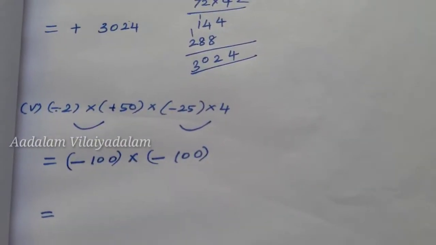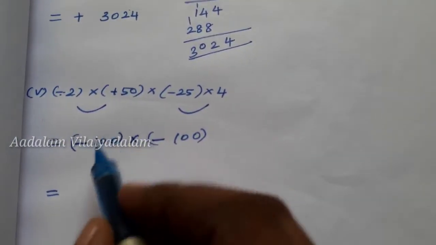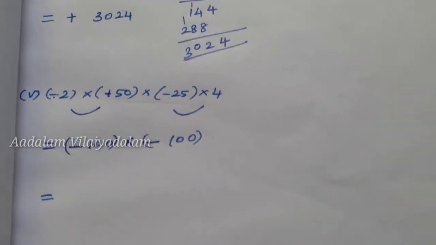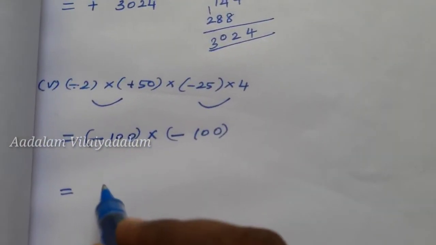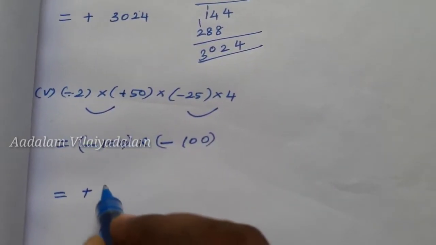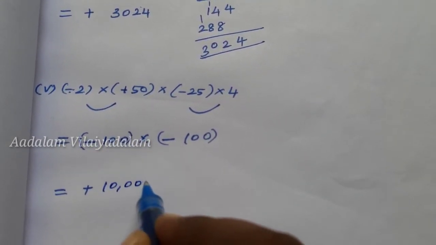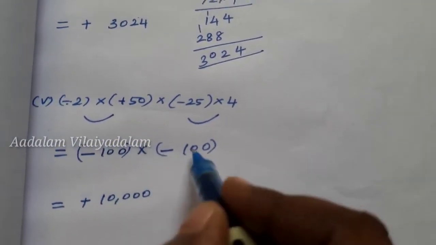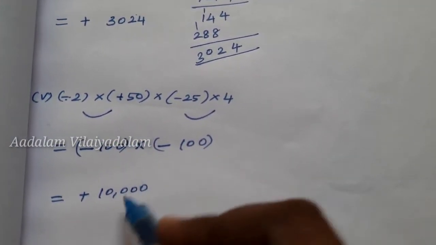If there is a sign you have to use a bracket. Here you see minus sign, for the other number minus sign. Minus into minus you will get plus, and 100 into 100 you will get 10,000. So simply write a 1 and add the 20 and 20.